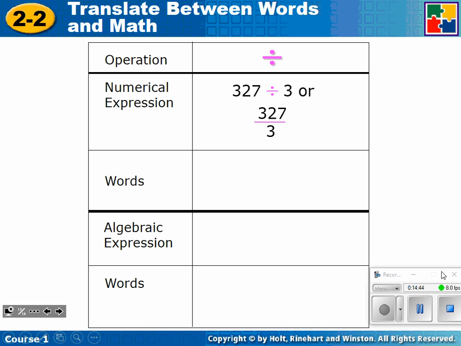What is it? The quotient of 327 and 3. Now, I'm going to tell you right now, on your homework, if someone says 327 over 3, I'm going to mark it wrong. It's not 327 over 3. This is 327 divided by 3. Top to bottom, 327 divided by 3.